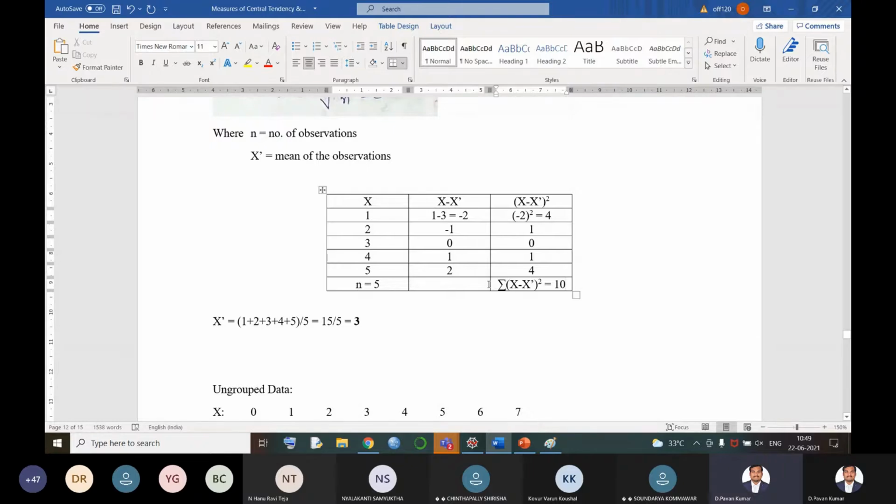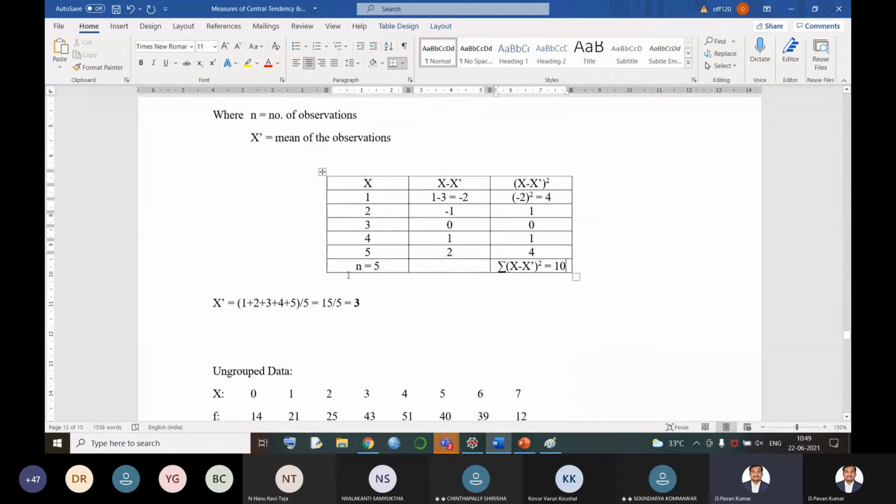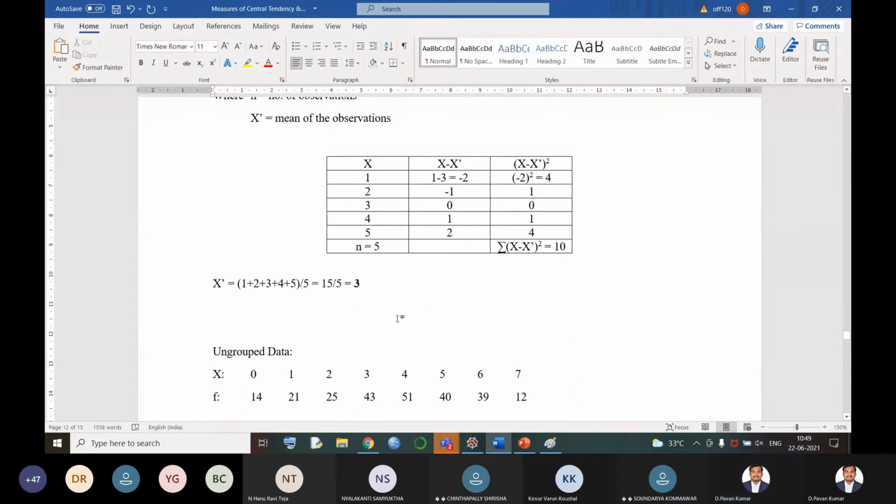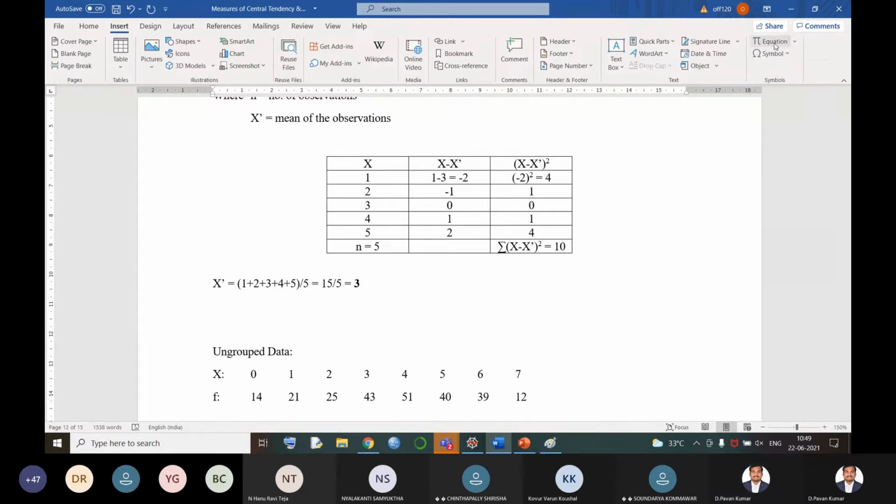Now how do I find the answer for sigma? Sigma is equal to square root of numerator divided by denominator. That means the numerator, summation x minus x bar whole square, is 10. 10 divided by the denominator, n is 5.